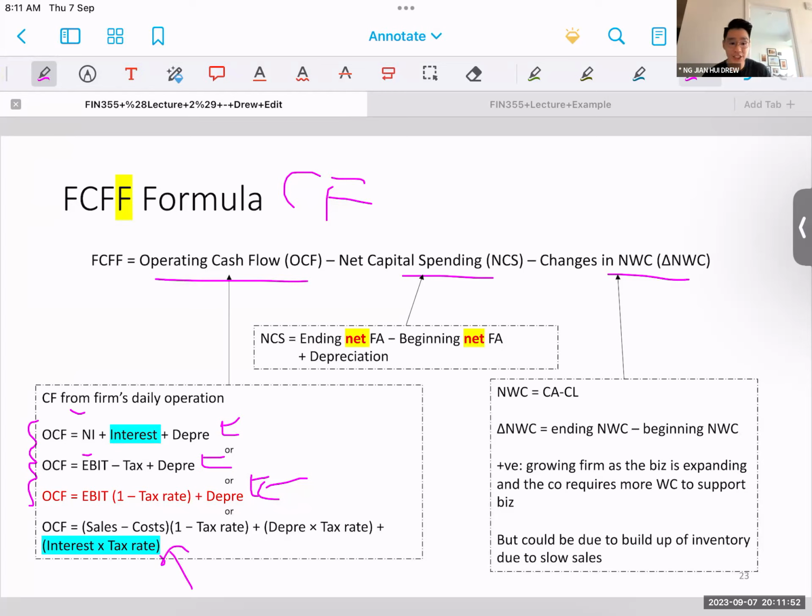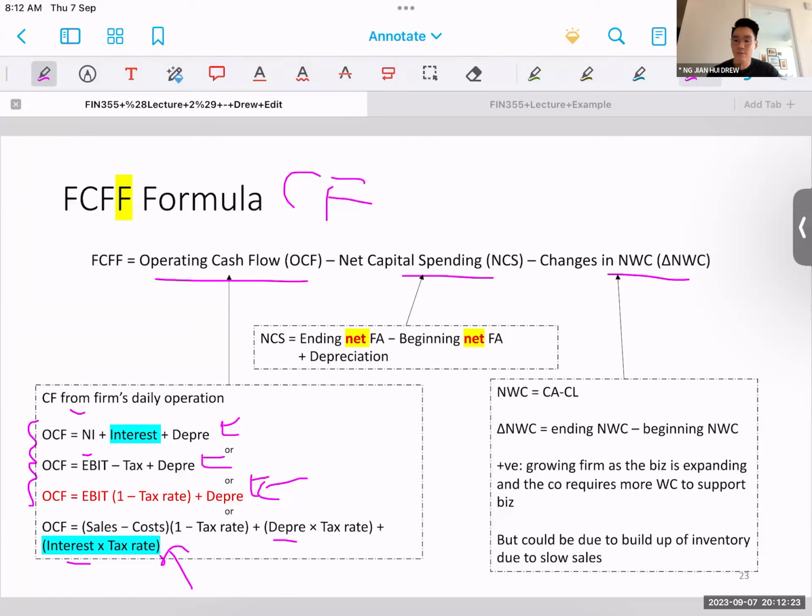Why is it called a tax shield? It's because your depreciation, as well as your interest, reduces the amount of tax that you pay. Remember, tax is applied only to the residual income, or taxable income, that you have after removing your depreciation and your interest, right?